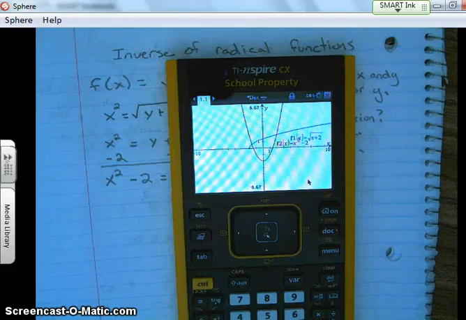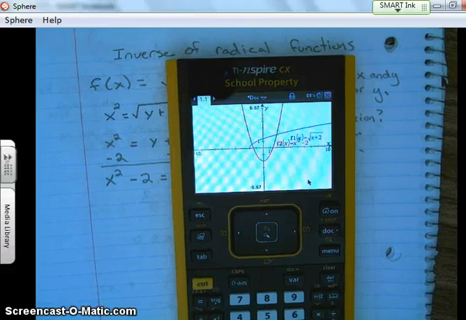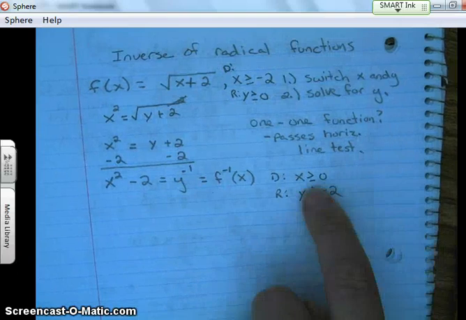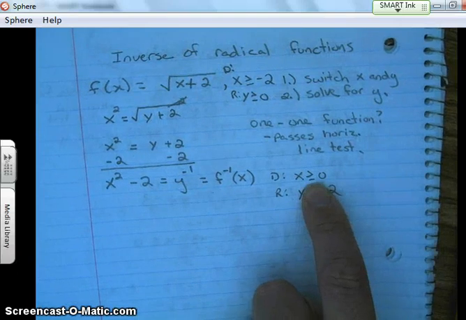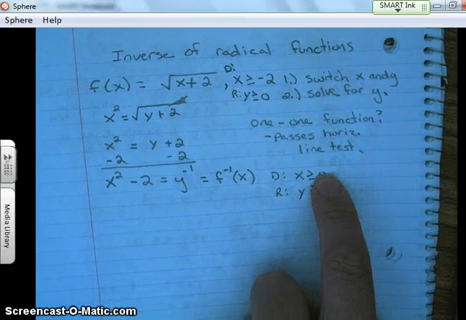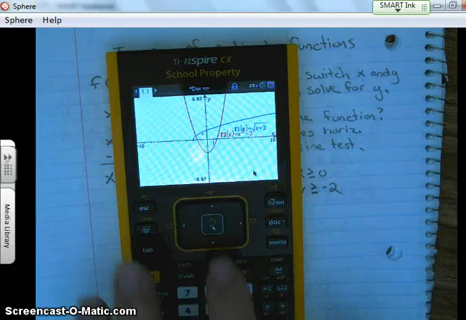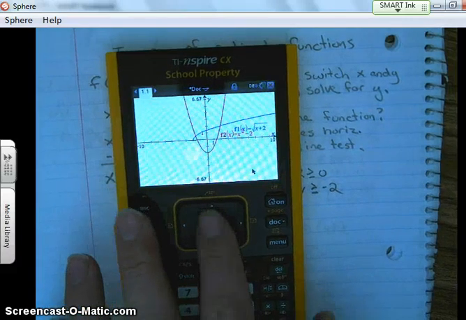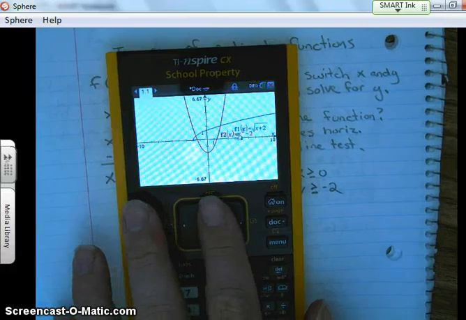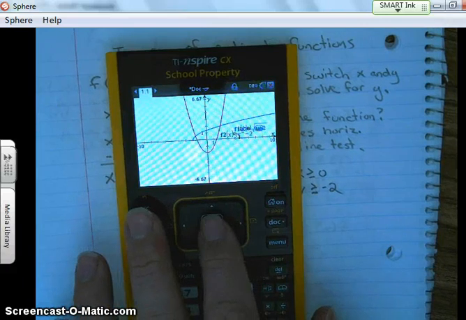Okay, so notice it gives us the whole graph, the whole parabola, but we don't want the whole thing. We want to constrain it. We want the domain to be only values greater than or equal to 0. So let's go on to our function here. If we slide this cursor up, and once we get on that equation, double click.